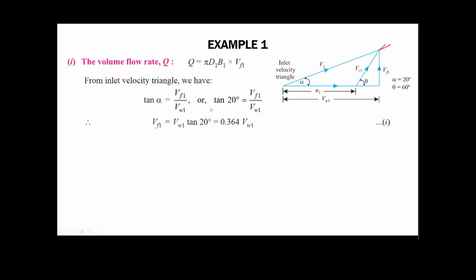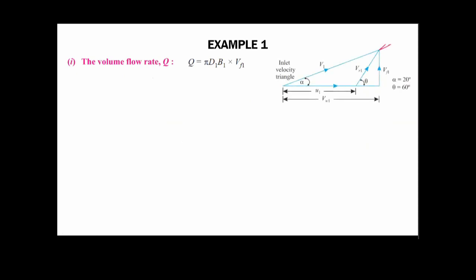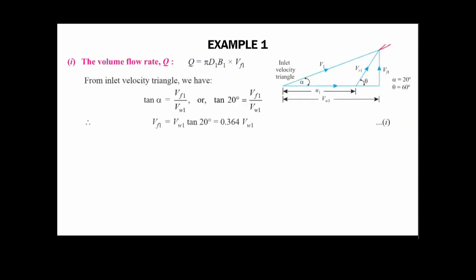We know the alpha value is 20 degrees, so we write tan 20 degrees equals VF1 over VW1. We don't know VW1 yet, but we can write VF1 in terms of VW1, which equals 0.364 VW1. We mark this as equation 1.